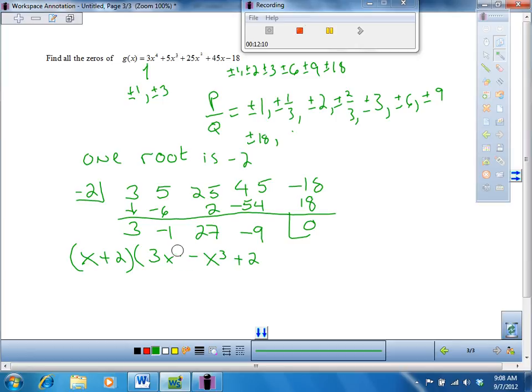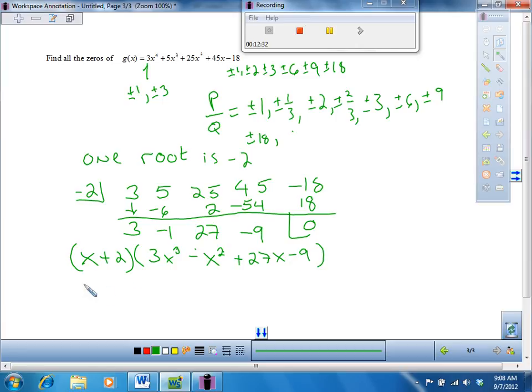I'm sorry, I was confused. We started with 4th degree, so this is going to be 3rd degree: x plus 2 times 3x cubed minus x squared plus 27x minus 9. Now you could try to do synthetic division again, but I'm trying to see if I could do factor by grouping.